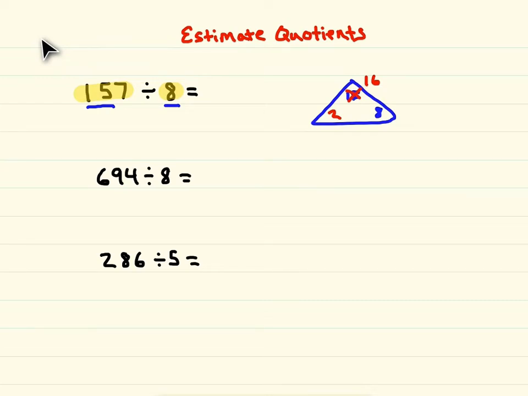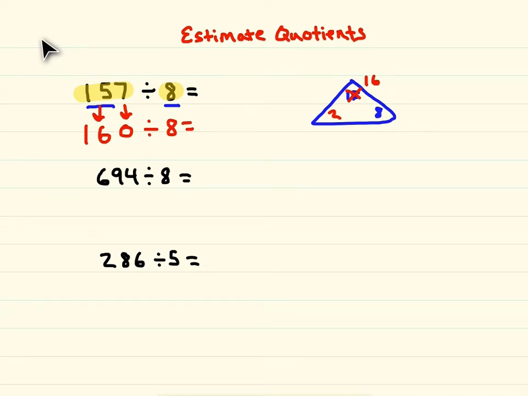So now, let's go to our dividend and change it just like we did. Instead of a 1 in the hundreds place and a 5 in the tens place, we change it to 16. Then instead of a 7, we need to change the 7 to a 0 to make it friendly. So now we have 160 divided by 8.